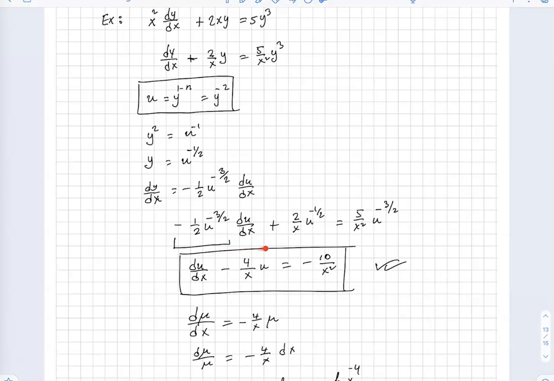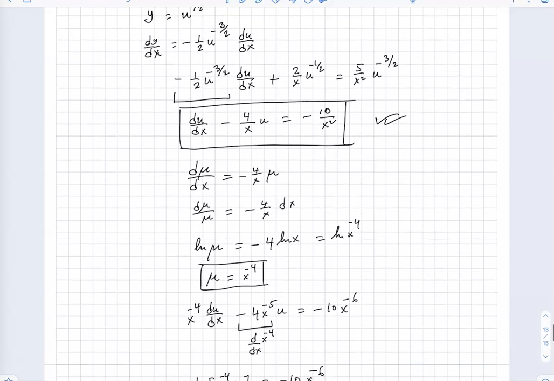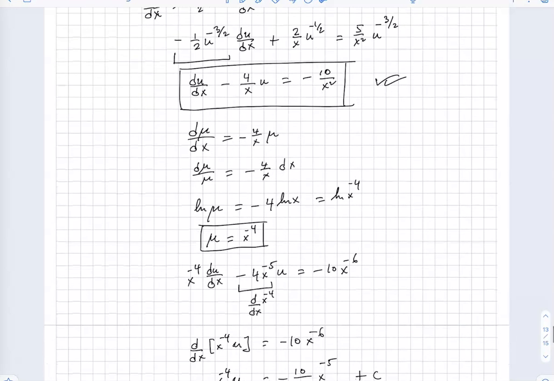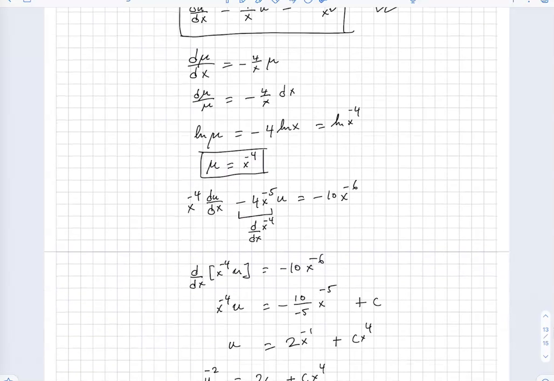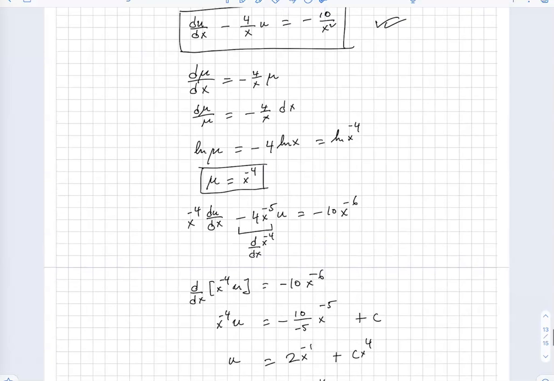So once you have a linear equation, you can find an integrating factor and multiply the linear equation by the integrating factor. After you have multiplied the linear equation with the integrating factor, you should get a product rule, derivative of a product on the left hand side.